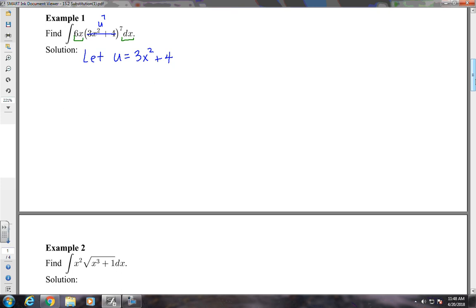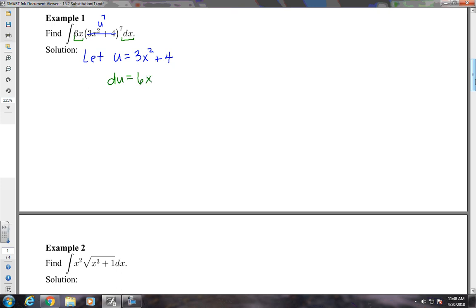What that means is I'm going to look at both sides of my substitution statement, let u equal 3x squared plus 4, and I'm going to differentiate both sides. When I differentiate u with respect to u, I just get 1, but we're going to express it using this differential notation du. On the right side, I'm going to differentiate with respect to x.